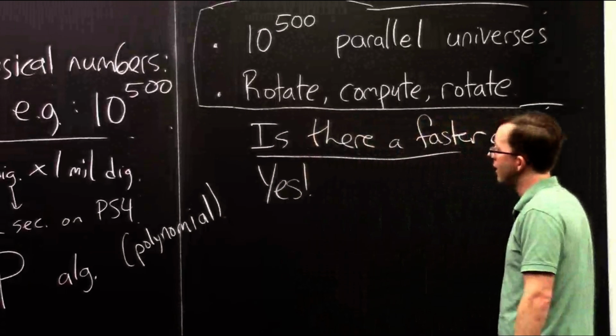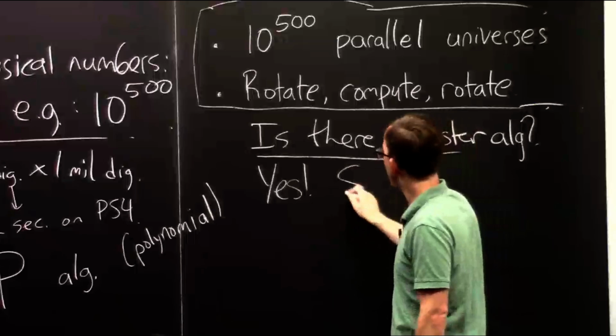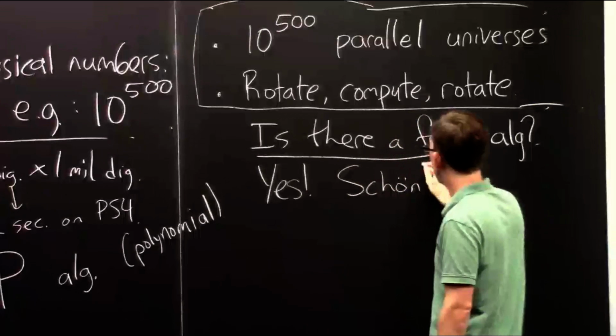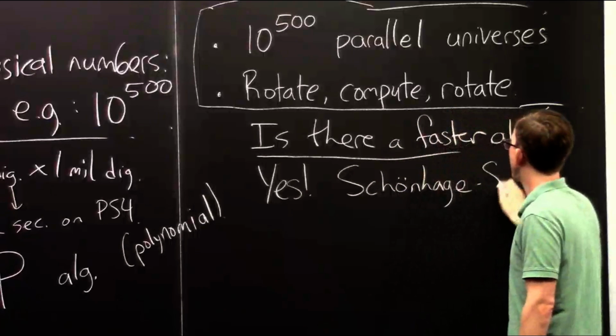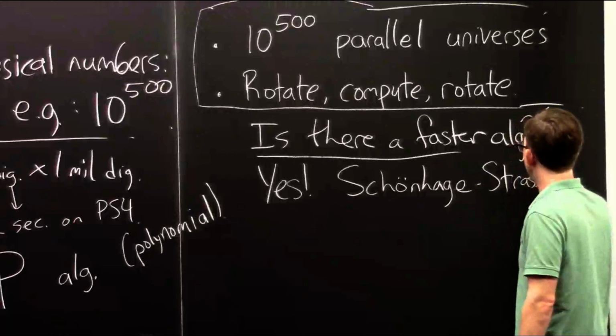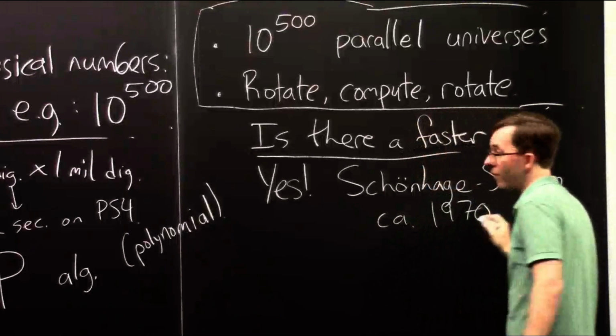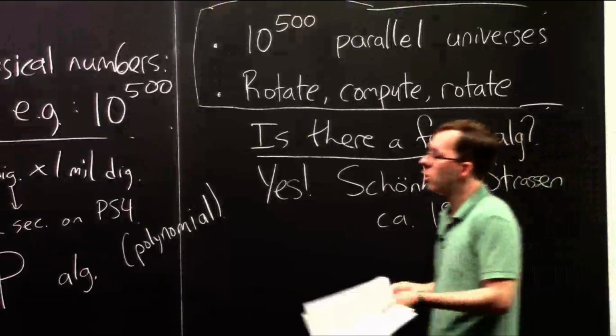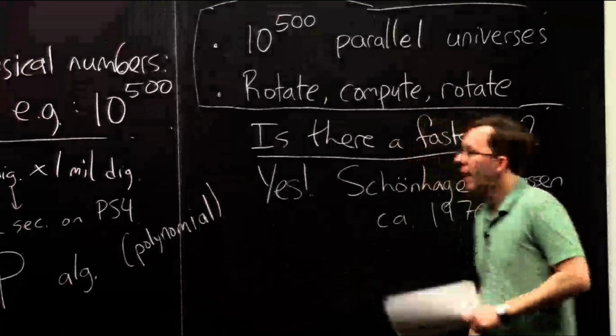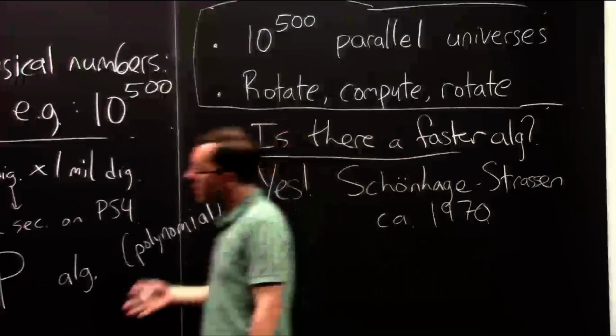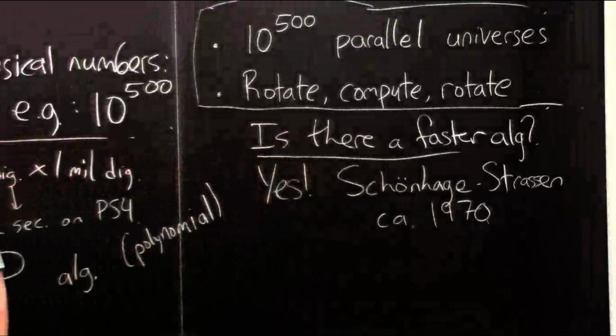This was figured out by various people, but I'll tell you about what two people called Schönhage and Strassen discovered around 1970. They figured out a totally different way to multiply two really, really long numbers. And the number of steps it takes scales much better than n squared.